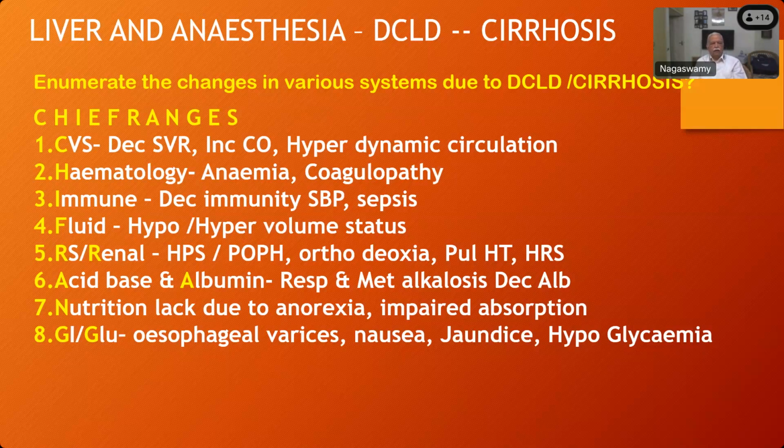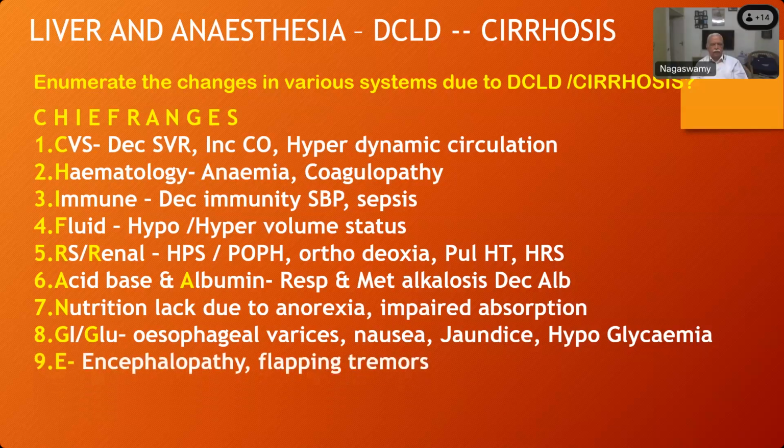Then what does the E stand for? Encephalopathy and electrolytes. So actually, this first E should have been there for electrolytes. What type of electrolyte imbalance may these patients have?